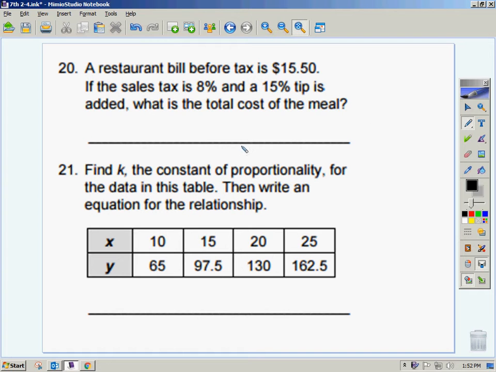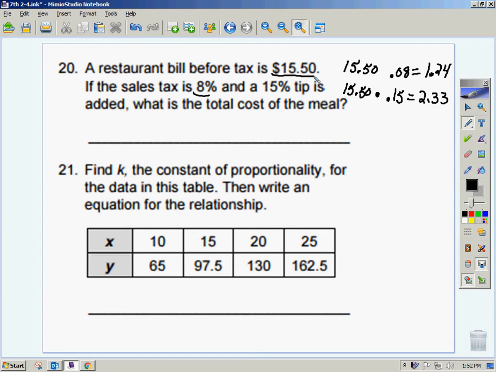Number 20. You have to do this in 2 pieces. You've got to figure out how much tax they're going to pay. 1550 times 0.08. They'll pay $1.24 in tax. You take 1550 times 0.15. They're going to leave a $2.33 tip.